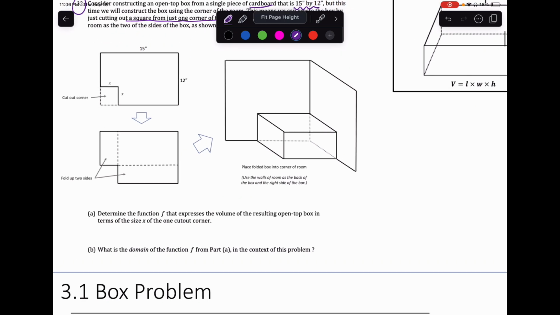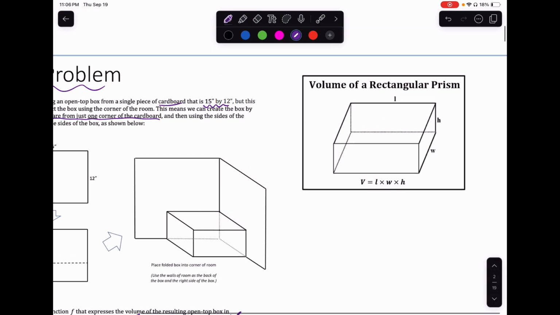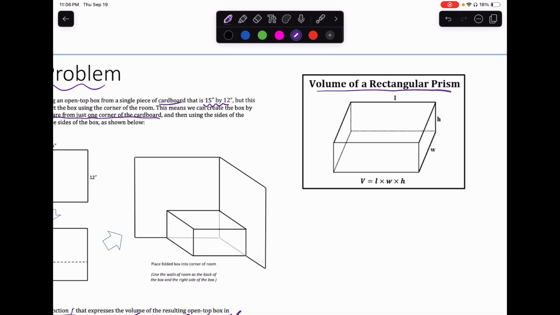For part A, it says, determine the function f that expresses the volume of the resulting open top box in terms of the size x of the one cut out corner. So what this is really saying is we want to determine the volume using f of x, where f of x equals our volume. As a reminder, the volume of a rectangular prism is length times width times height.